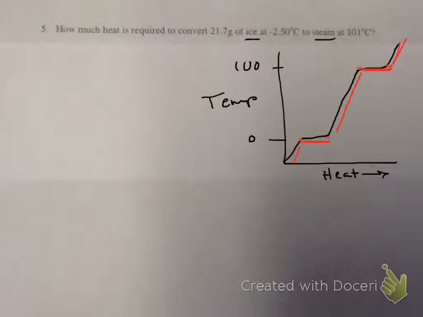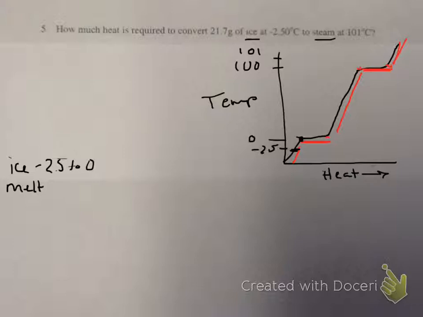The first thing to do is to go ahead and make a plan. In this one, we have ice at negative 2.5, and we are going to take that up to steam at 101. So we'll start out with our plan. I have ice from negative 2.5 degrees C to 0 degrees C. Then, at this point, I'm right here on the graph, and now I've got to melt the ice.